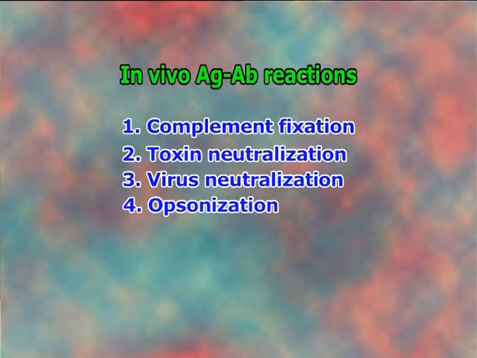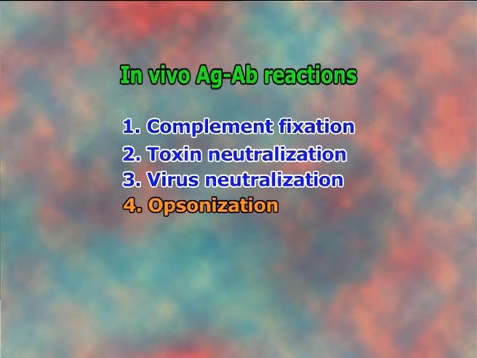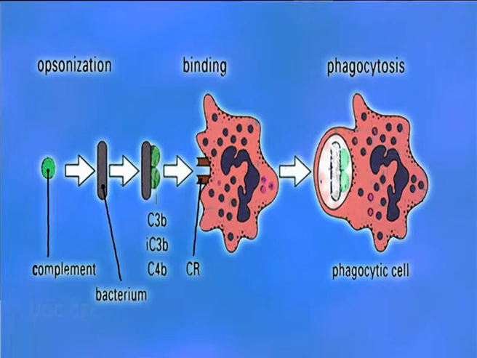The last in vivo interaction is opsonization. Opsonization is the process in which microorganisms or other particles are coated by antibody and or complement, thereby being prepared for recognition and ingestion by phagocytic cells. Opsonizing antibodies belong to the class of IgG and IgM and have a site that binds to the Fc receptor on the surface of macrophages.